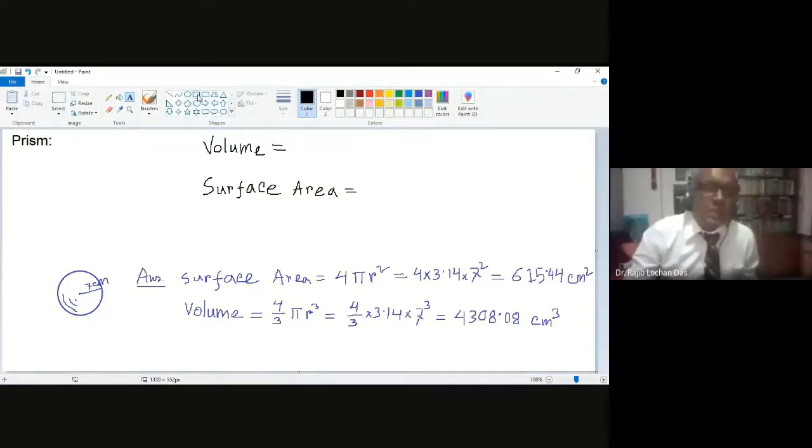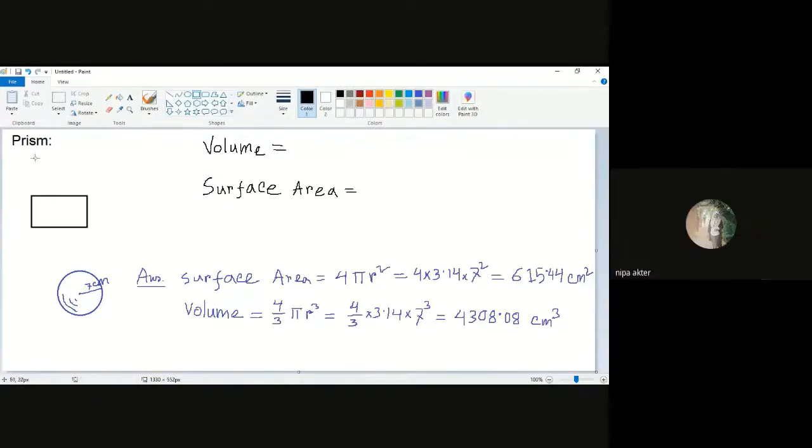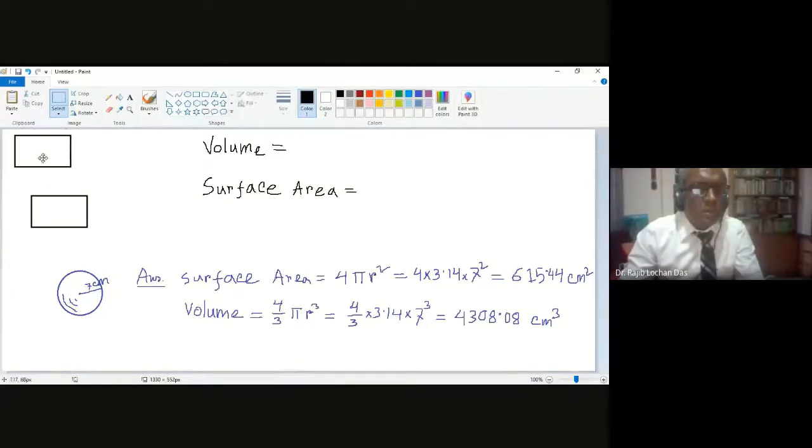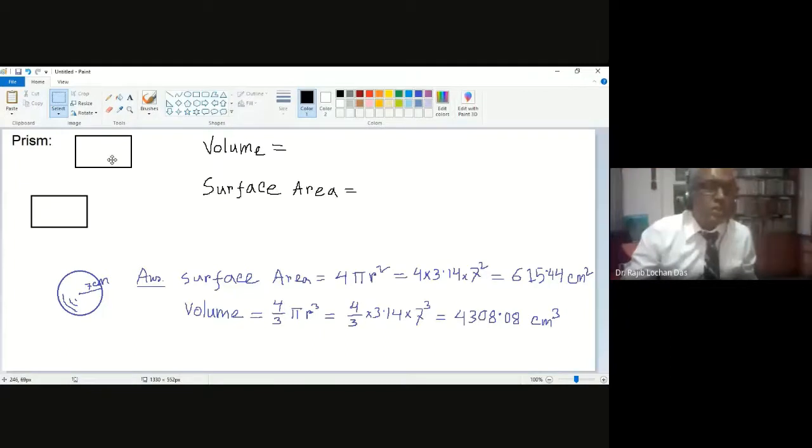So let me take this shape. What is this called? It is a rectangle, right? This is in the bottom, and it is also in the top, and you join the corners.